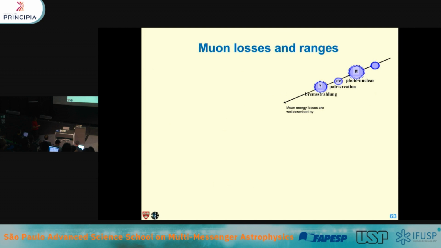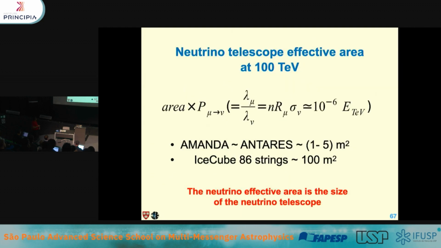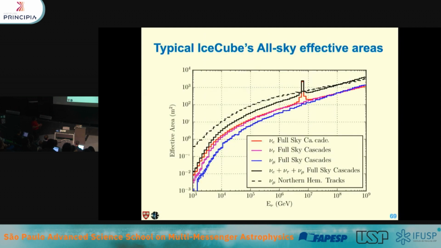That means that the effective detector size for tracks is larger, right? The detector is effectively larger since things can come from outside of it. That's not the case for cascades, but you have to start within it. Okay, so that's the first thing we want to know about this plot.